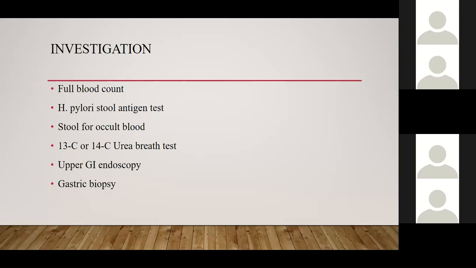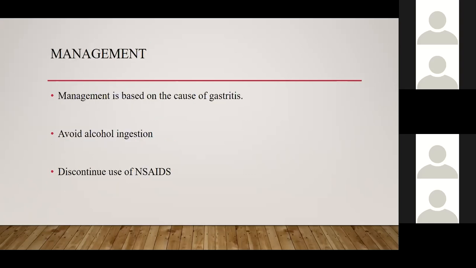So if you have H. pylori and it's causing chronic gastritis, the complication could be gastric cancer. So once you go in and you see any funny looking lesion, you just take a biopsy and then send it for histopathology. Okay, so investigation is very, very important.